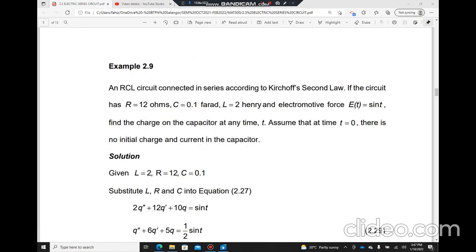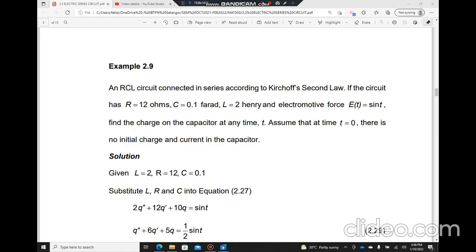Okay, next example 2.9. Okay, sama juga RLC circuit connected in series according to Kirchhoff's second law. If the series circuit has R equals to 12, C equals to 0.1 farad and L equals to 2 Henry and electromotive force E(t) equals to sin t, find the charge on the capacitor at any time t.